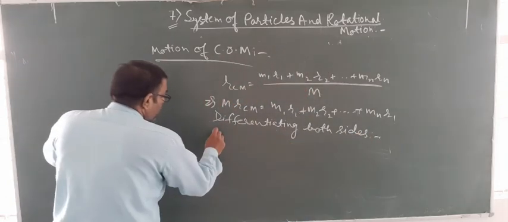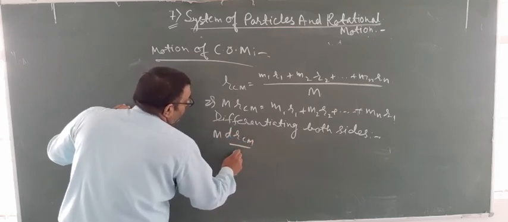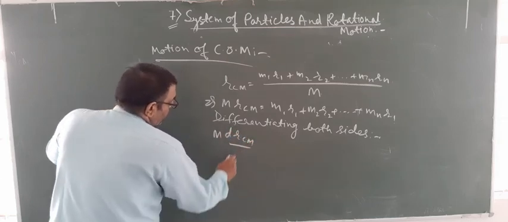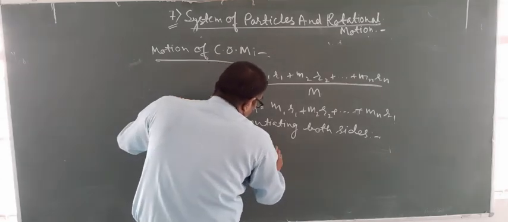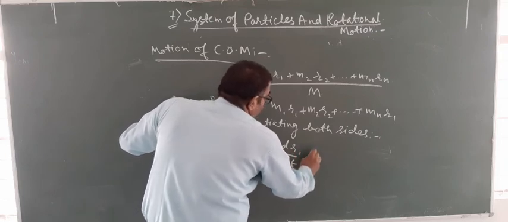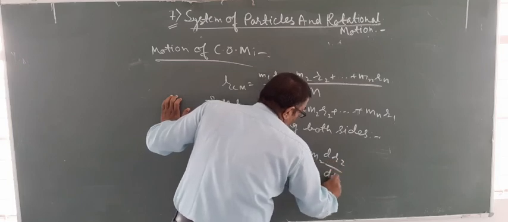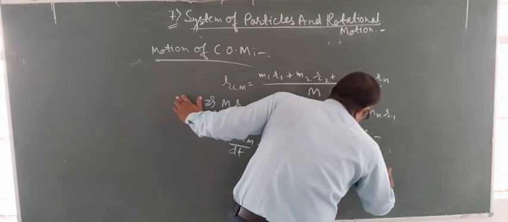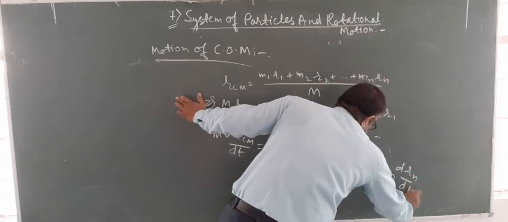Mass is constant, so M d rcm upon dt is equal to m1 dr1 upon dt plus m2 dr2 upon dt plus up to mn drn upon dt.